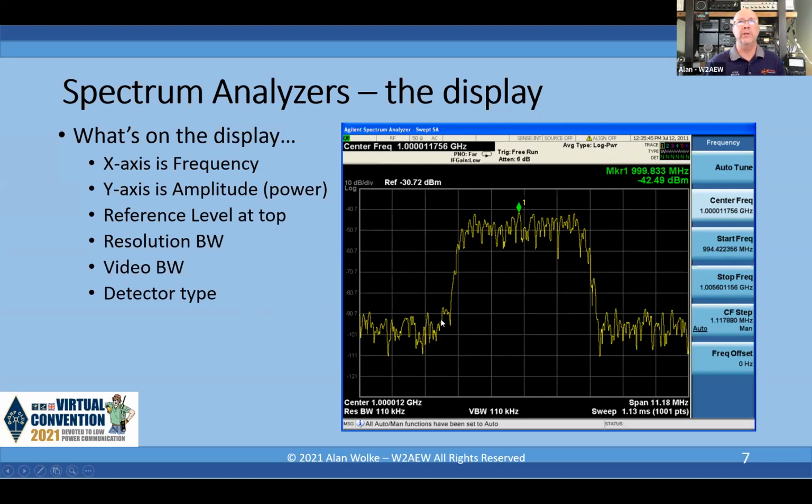It's how we're detecting power in that particular resolution bandwidth at that frequency to essentially give you a number that represents that power level at that given frequency. And of course, the sweep time will also be displayed down here, and that's how long the analyzer is going to take to sweep from your start to your stop frequency. And then obviously the number of points is shown there as well.